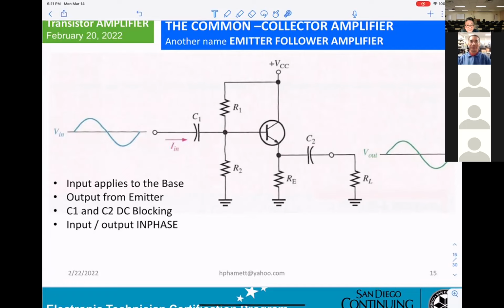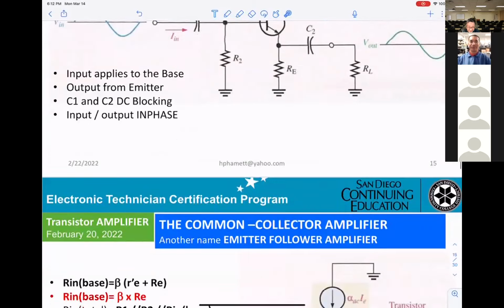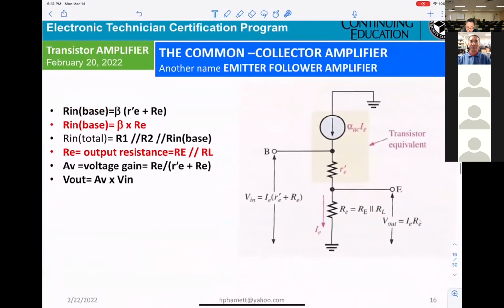That's why they say emitter follower. That means the output is the same as the emitter, so either the voltage here or the voltage here will be the same in AC, since the capacitor will be shorted. That explains how they get another name, emitter follower, for the common collector.